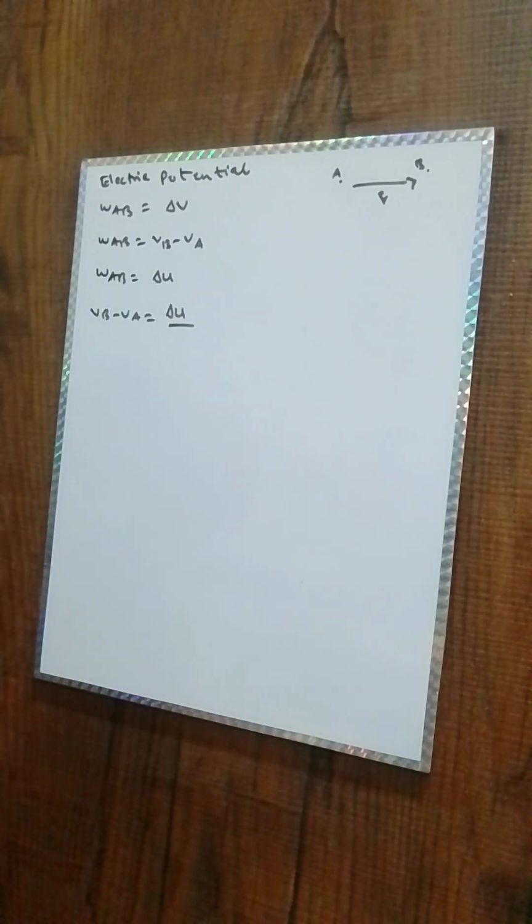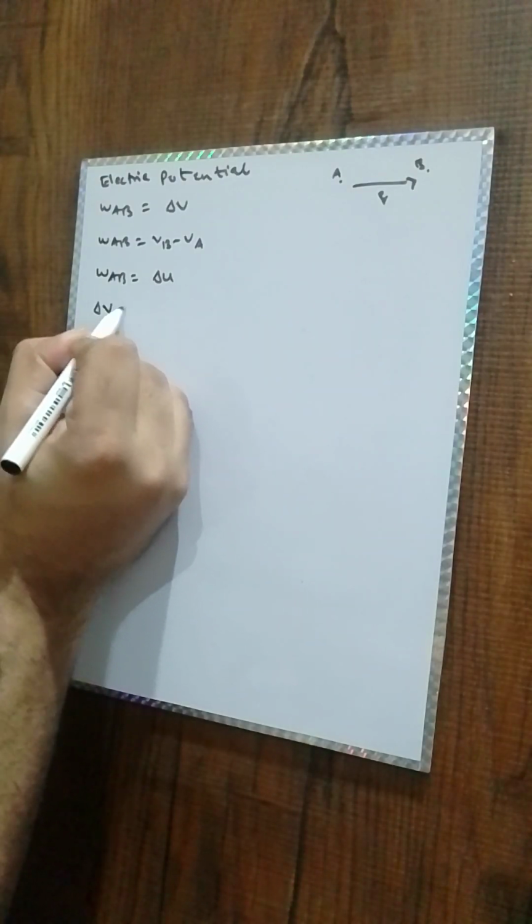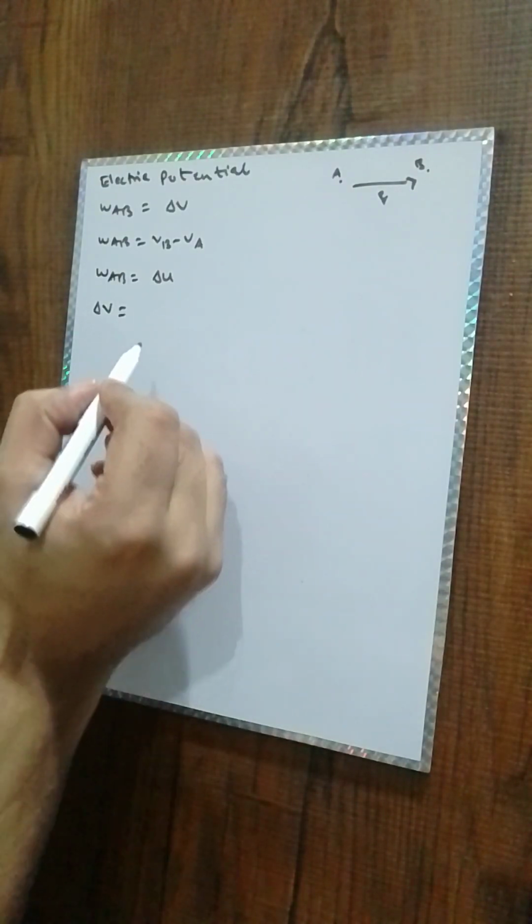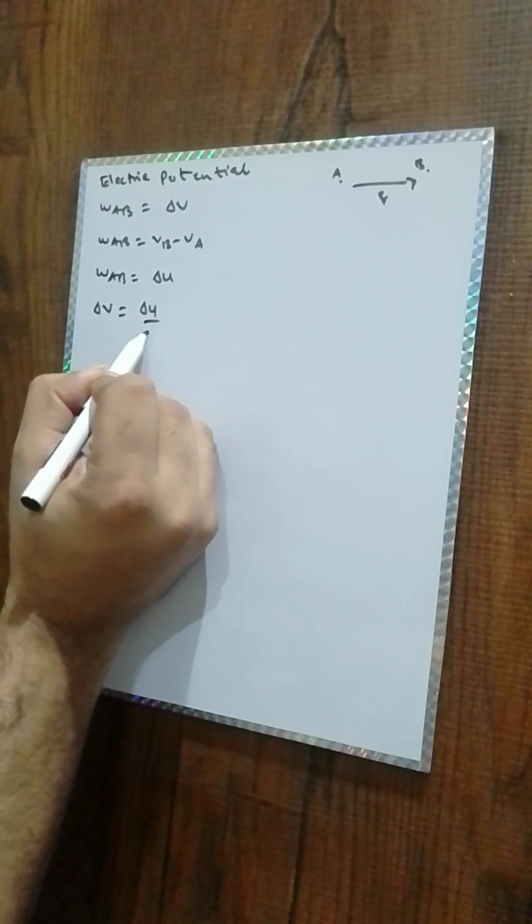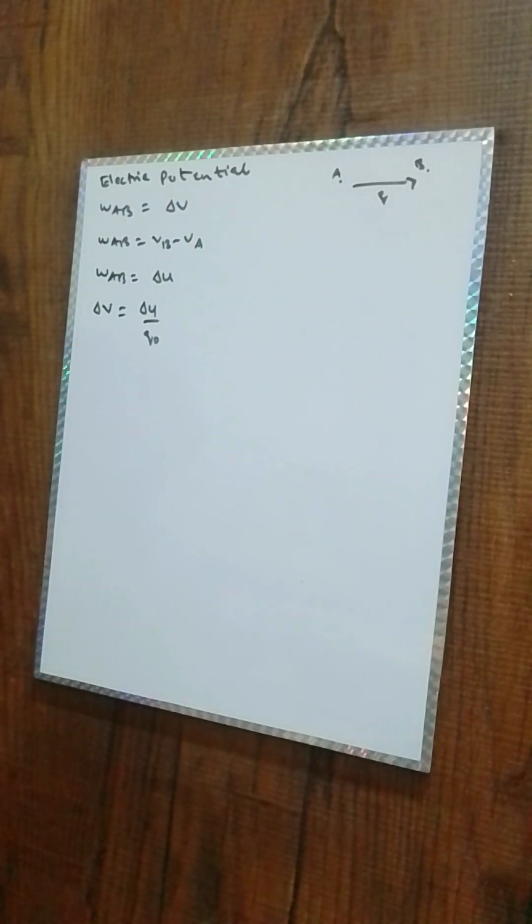Okay, wait, there's a small point missing. Basically, delta V is equal to delta U by Q naught. Okay, this we know.